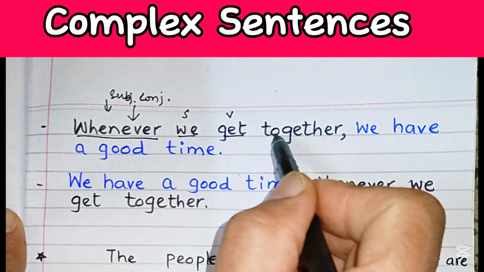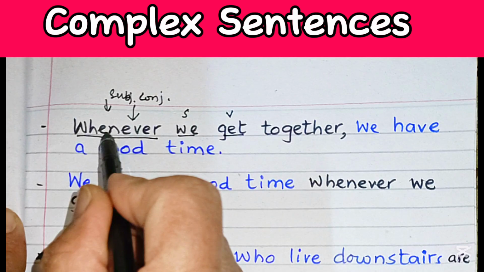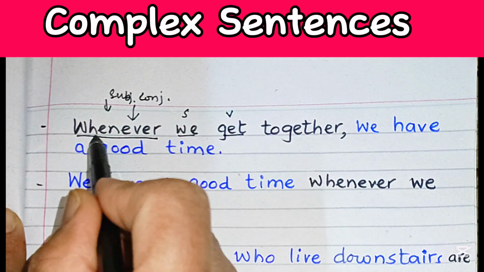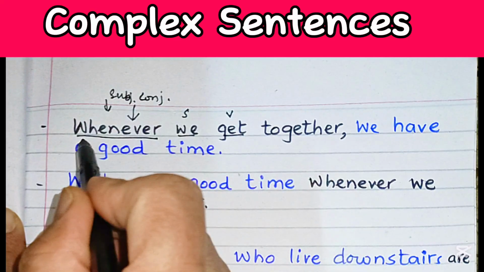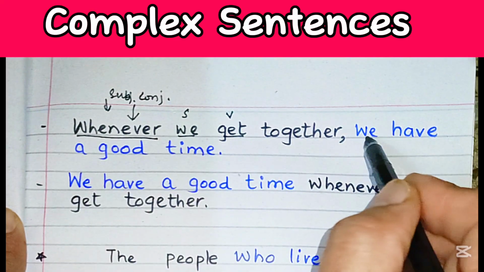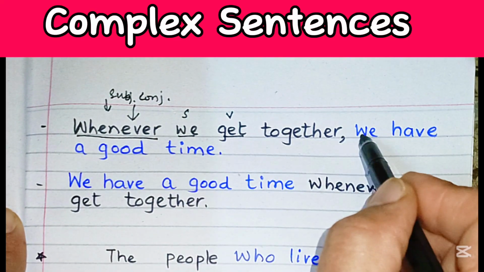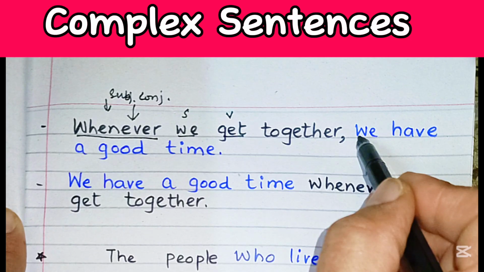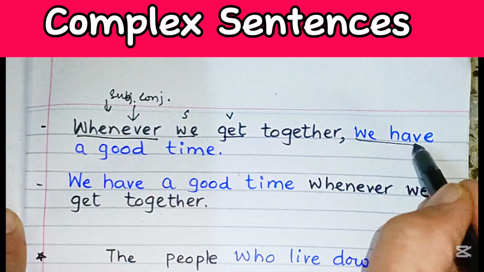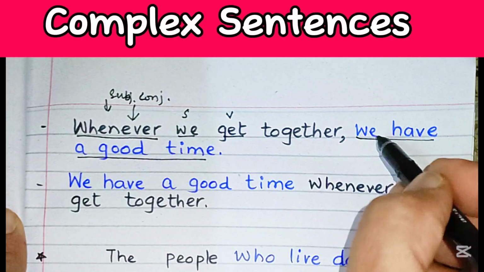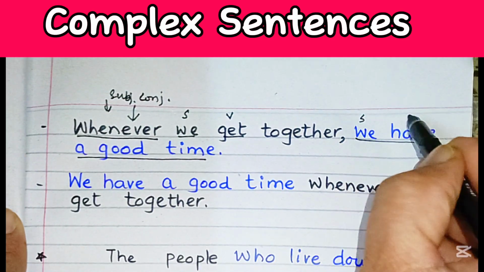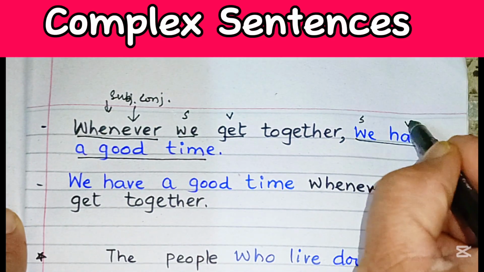In this complex sentence, the sentence starts with a subordinating conjunction, which means the dependent clause comes first, and there is a comma, and it is followed by "we have a good time", that is an independent clause. It has a subject we and have is a verb.